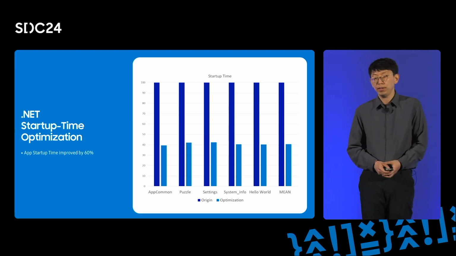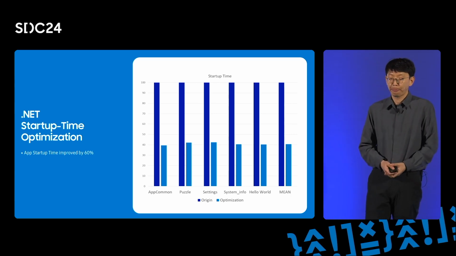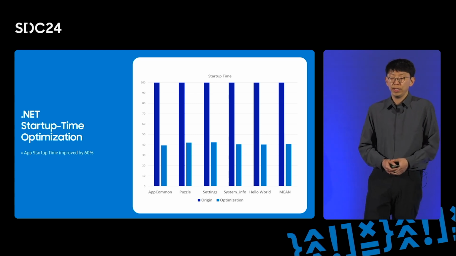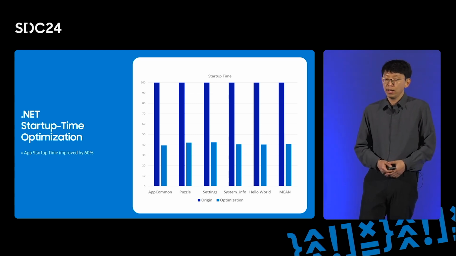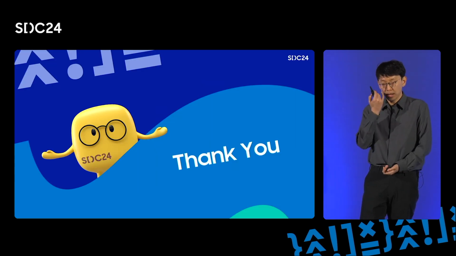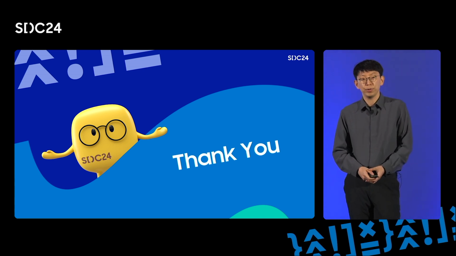Specifically, we implemented optimizations to improve the app's startup time. And as shown in this graph, we were able to reduce the startup time by an average of about 60%. And that concludes our presentation, and thank you for your attention.